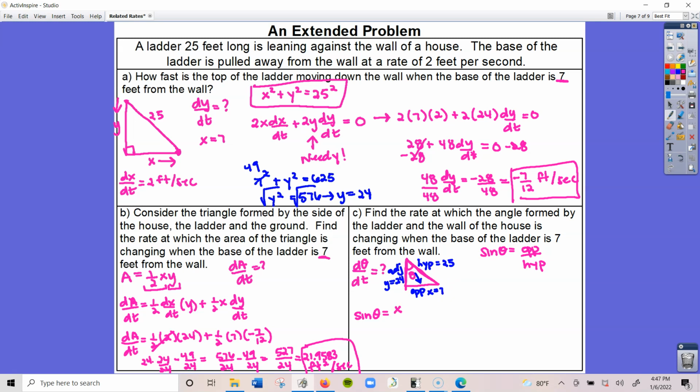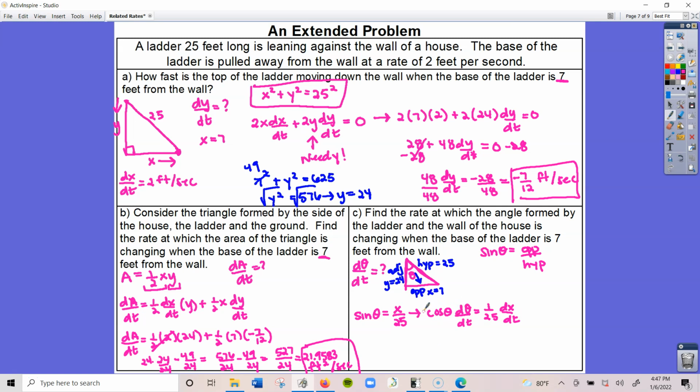I'm going to use x over the hypotenuse. The hypotenuse is never going to change, so we're going to put 25. Now we're going to find the derivative. The derivative of sine is cosine theta, and then d theta/dt is going to equal, remember that this is 1 over 25 times x, so it'll be 1 over 25 dx/dt.